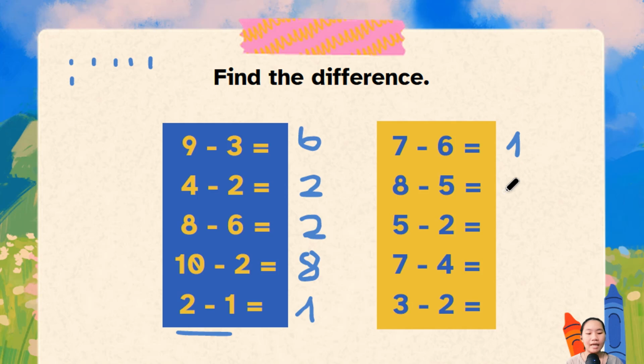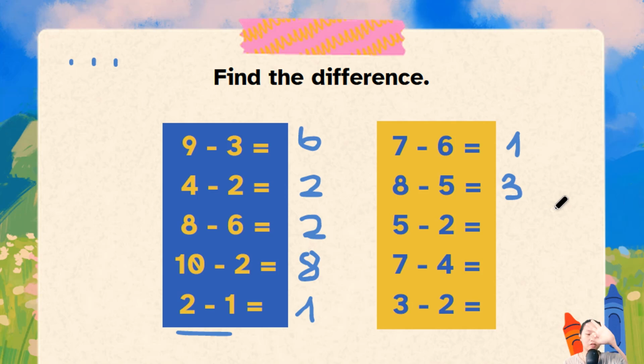Next up, 8 minus 5. What is 8 minus 5? 1, 2, 3, 4, 5, 6, 7, 8. Minus 5, 3, 4, 5. It is 3, okay? 5 minus 2.